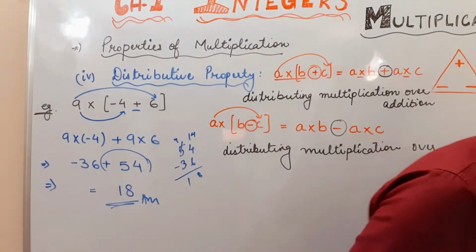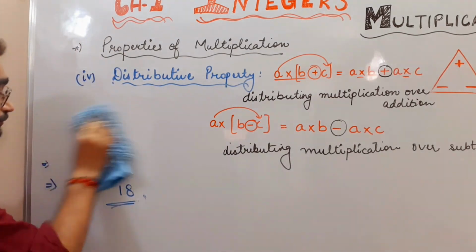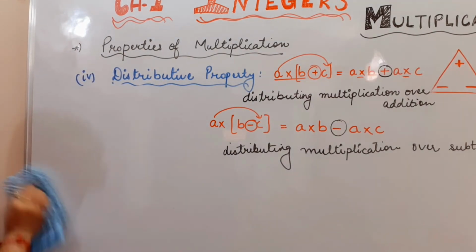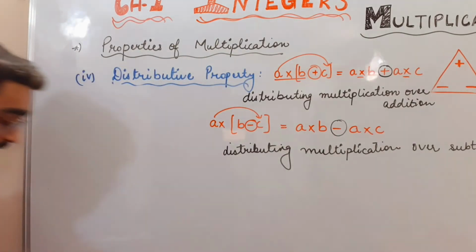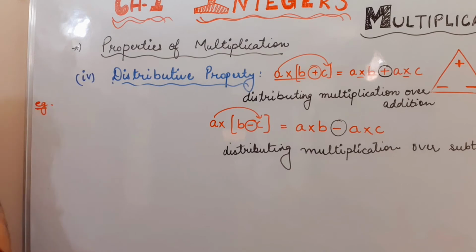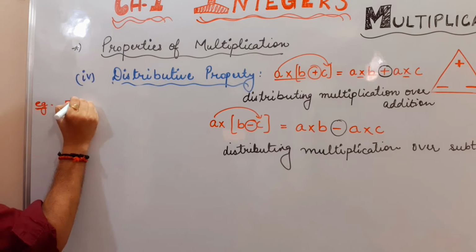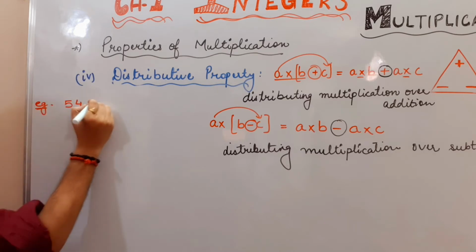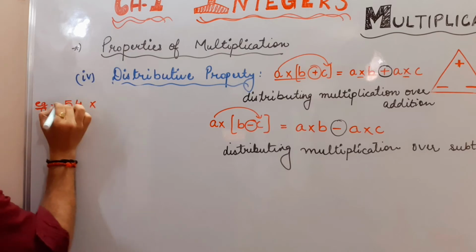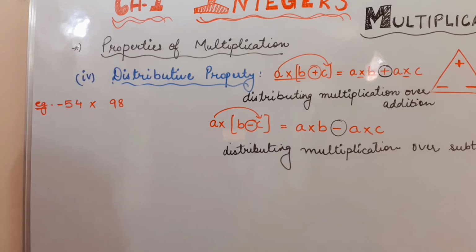If you want, let us see some more examples for distribution property or how to use it exactly. Now, for example, if I am saying multiply minus 54 into 98, multiplying this is quite bigger.